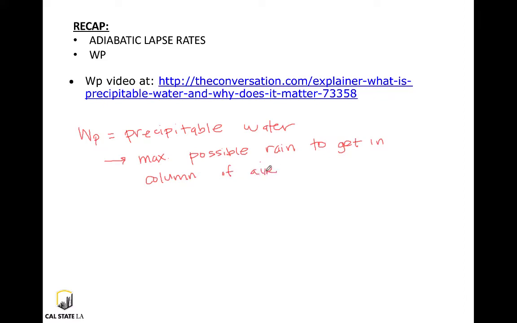This doesn't mean that this is the amount of rain we're going to get. So WP does not necessarily equal precip. It's just the possible amount of rain you could get. It's perhaps achievable, but there's always going to be vapor in the atmosphere. Again, this is just what could potentially happen.